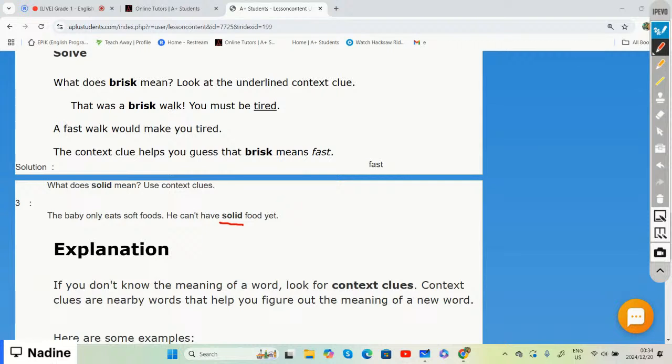What do you think are solid foods for babies? Solid foods. So solid foods.